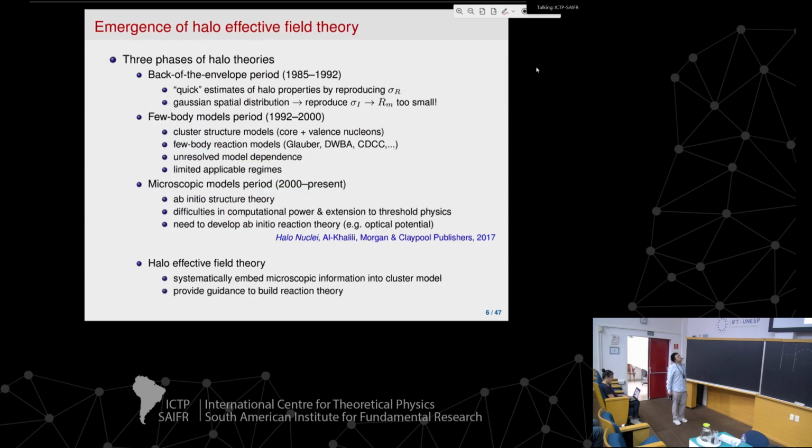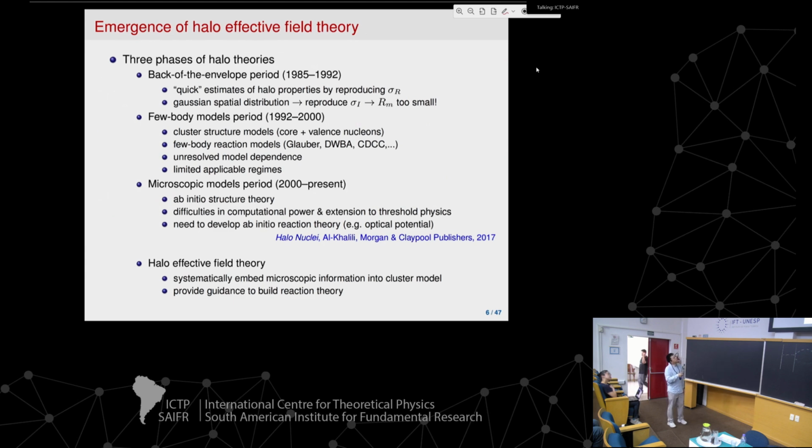Okay. As we want to talk about effective field theory and apply it to halo nuclei, let's first mention what has been done in the theoretical study of halo nuclei. There is a very nice paper by Alka Lilly called Halo Nuclei. It's a small review of a few pages.